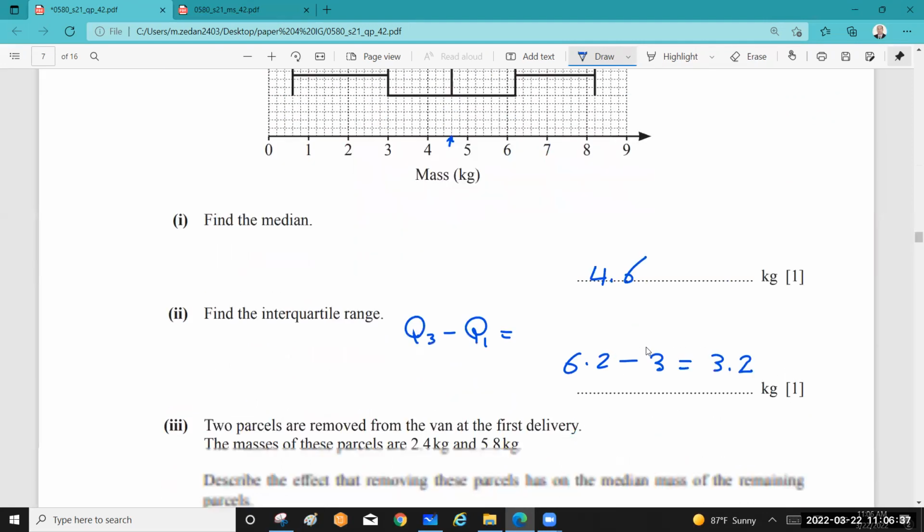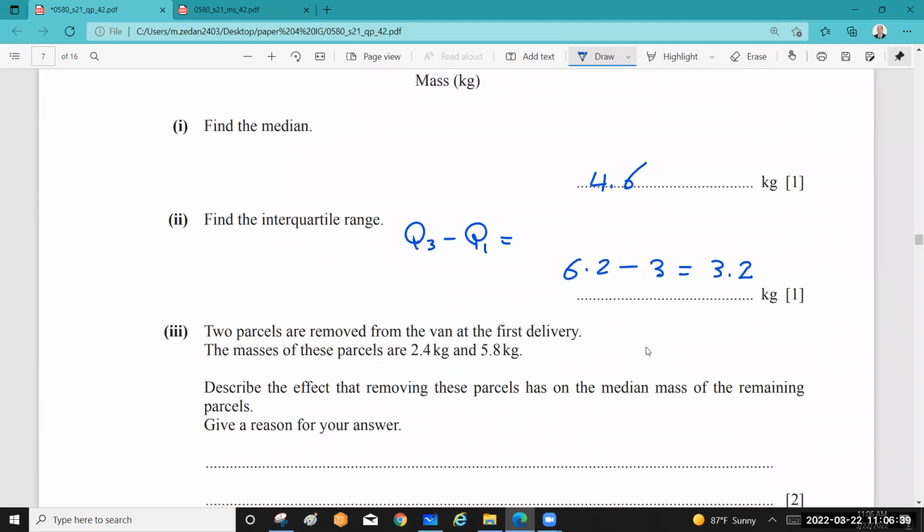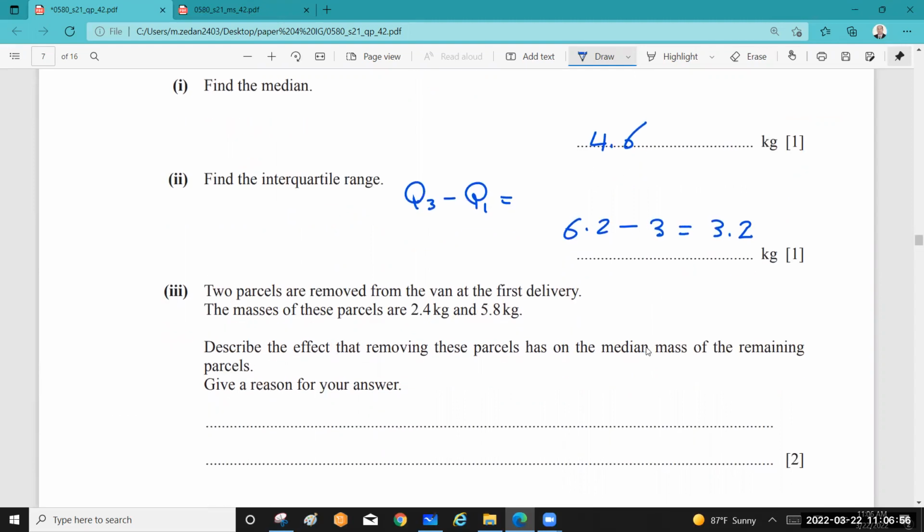Sorry, 3.2. And 2 parcels are removed from the van at the first delivery. The masses of them are 2.4 kilograms and 5.8 kilograms. Describe the effect that removing these parcels has on the median mass of the remaining parcels. Give reasons for your answer.